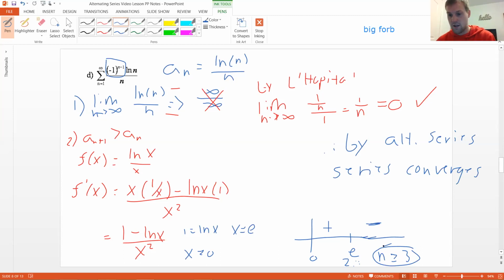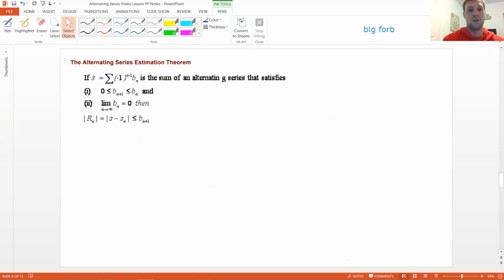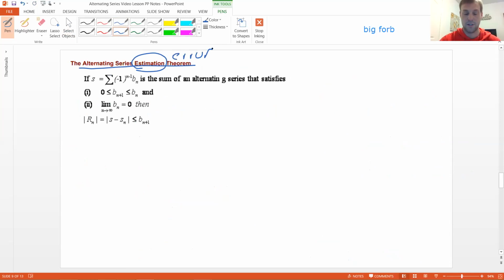Now, for the sake of the video and just trying to give a little consistency, I'm going to continue with talking about error with alternating series. Again, anything dealing with estimation and error with any of these tests I'm talking about is completely optional. But because it's a part of the same day, I'm going to continue ahead. So if you really just want to ignore me from here on out, that's fine.